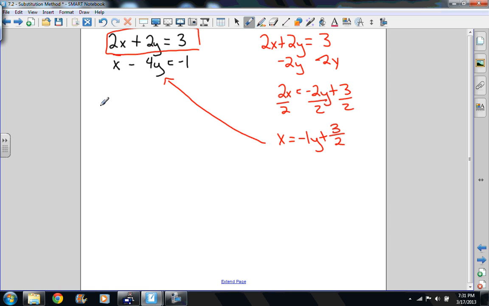So my x becomes -1y plus 3/2, minus 4y equals -1. I combine the y's, so I get -5y, because it's a -1 and a -4, plus 3 over 2 equals -1. I subtract 3 over 2.